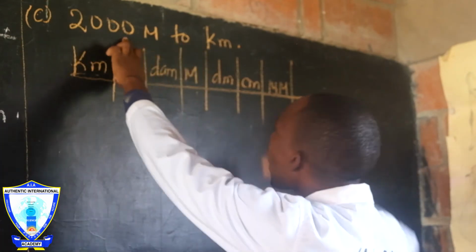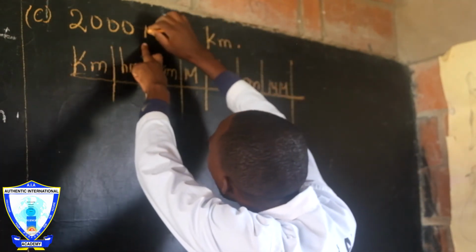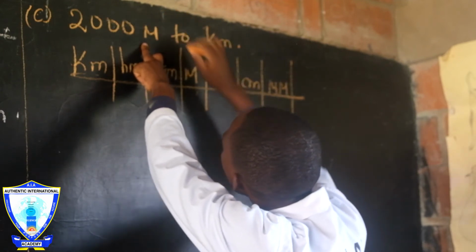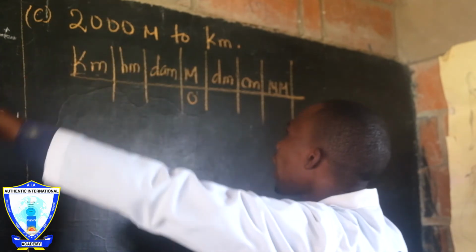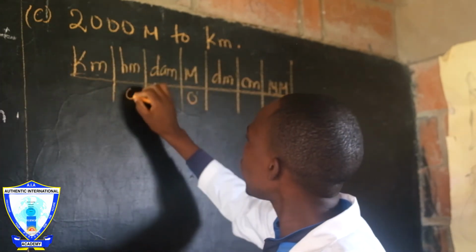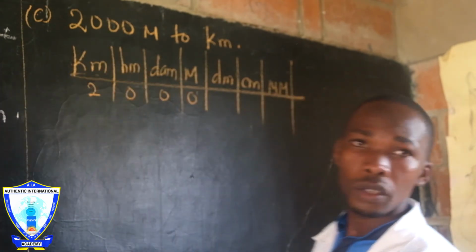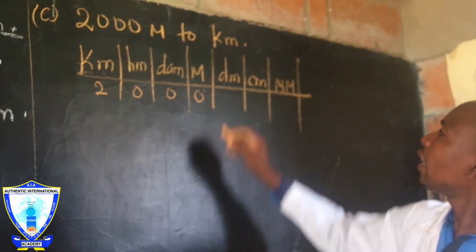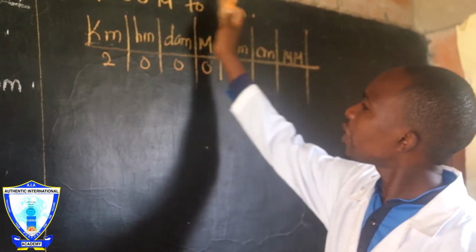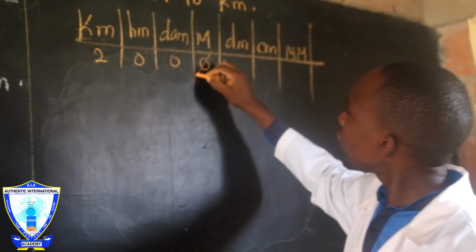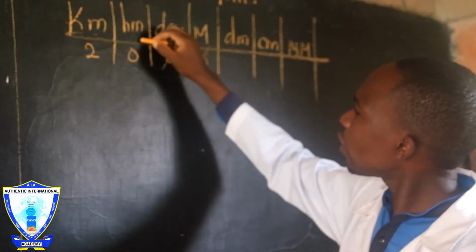So I will come here, meter, and under meter, I put 0. It means the rest will go this side. 0, 0, 2. Since they want the answer in kilometers, I will cross this 0, this 0, this 0.